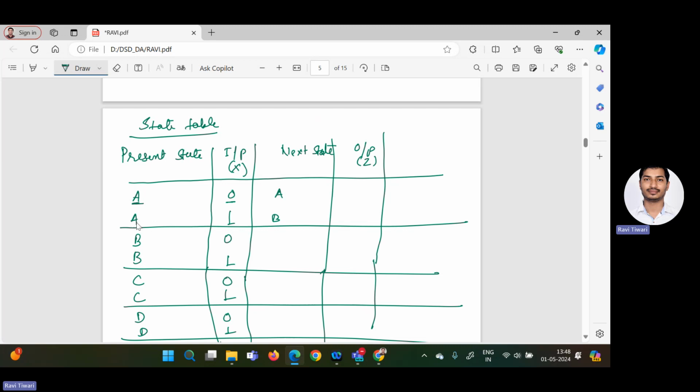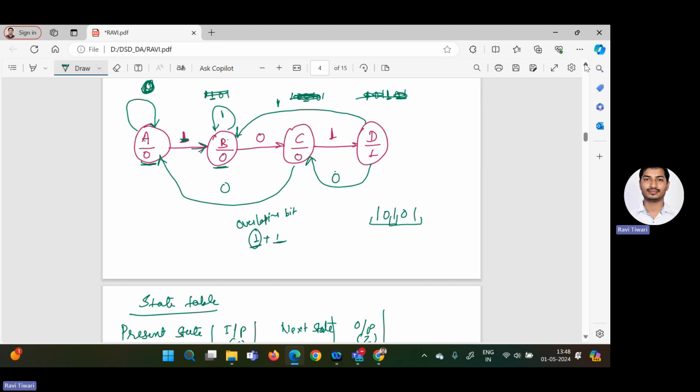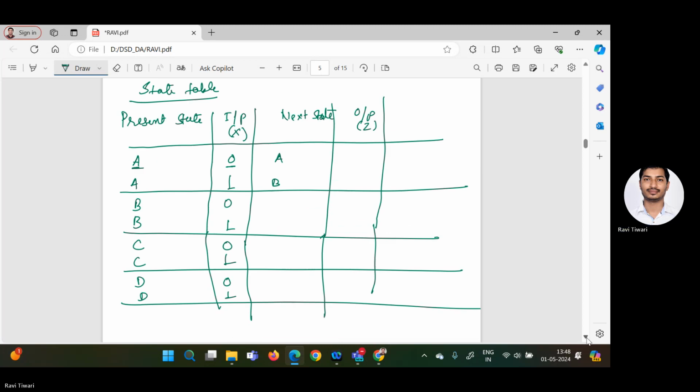If you are in state A and you are getting 1 as an input, the next state will be B, right? Same thing we have to see for B state. If you are in the state of B, then if you are getting 0, next state will be C. And if you are getting 1, next state will be B only. So C, B. It is C and this is B.